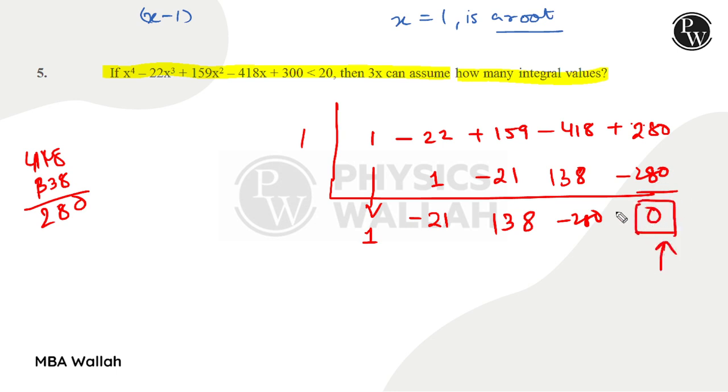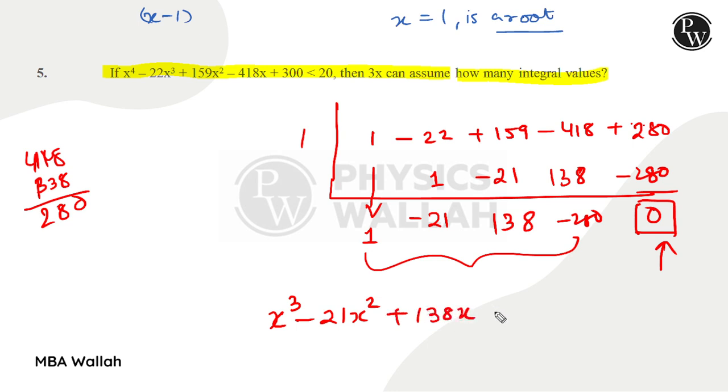Now what does this mean? Typically what this means is that this expression, x cube minus 21x square plus 138x minus 280, is also a factor of the quartic expression, along with x minus 1. Let's write it somewhere.